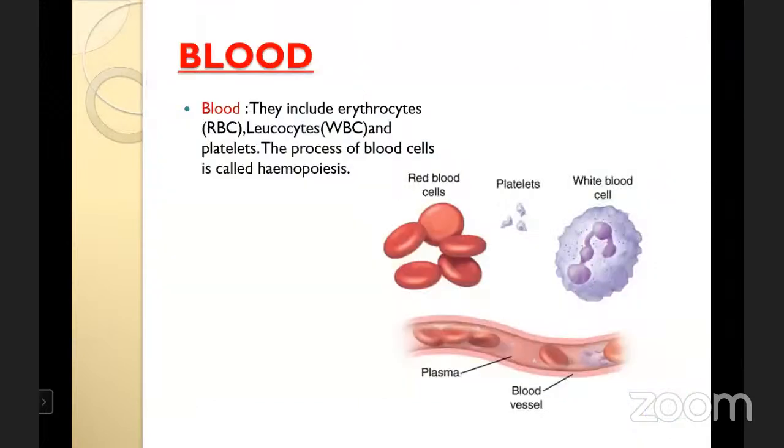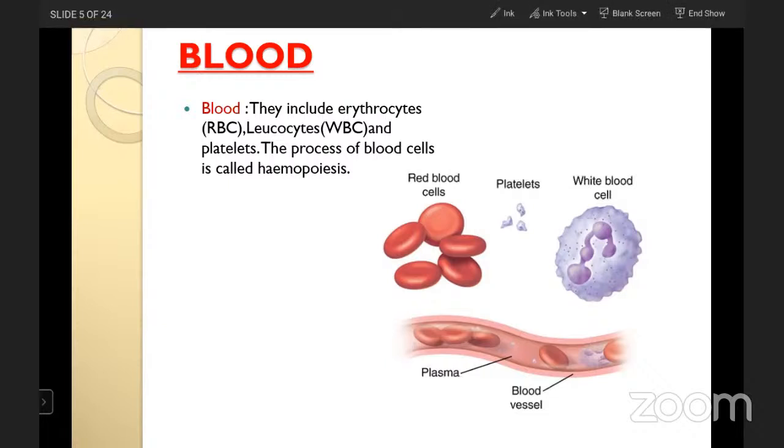Now, just now only we have discussed that the blood is the fluid connective tissue. Connective means which is able to connect with the other parts and other organs in our body. The blood includes erythrocytes or RBCs and leukocytes, WBCs and platelets.